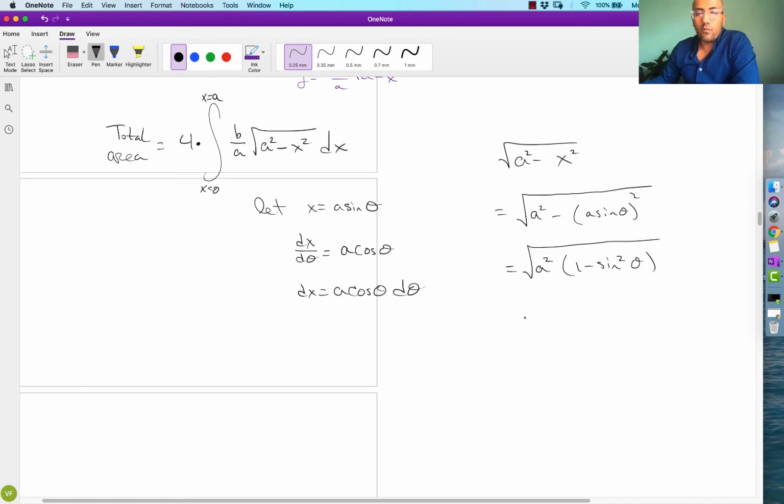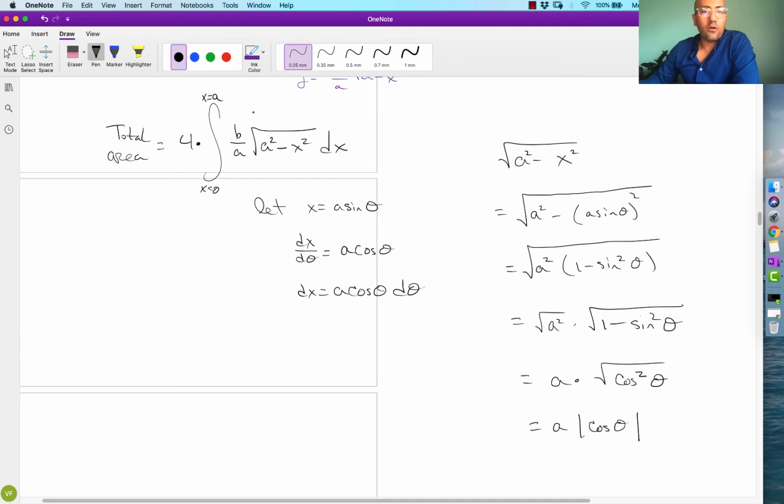So this becomes a times the square root of 1 minus sine squared theta, which then becomes a times the square root of cosine squared theta, which then becomes a times the absolute value of cosine of theta.